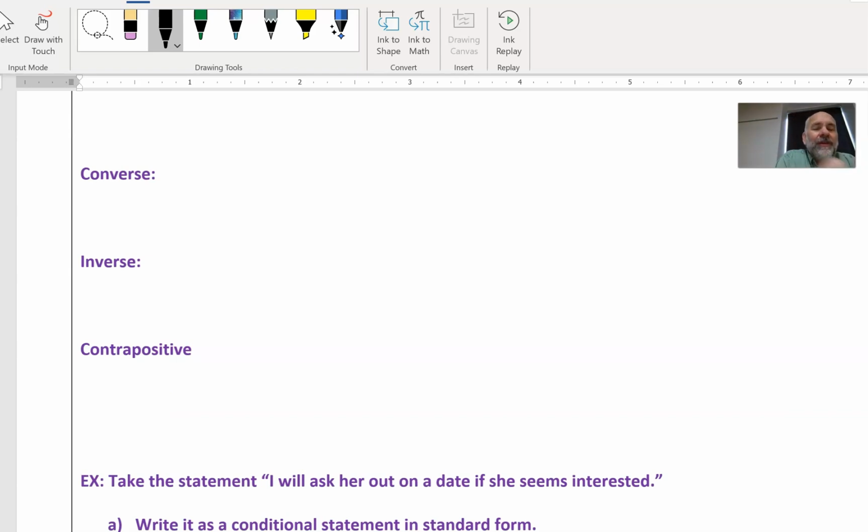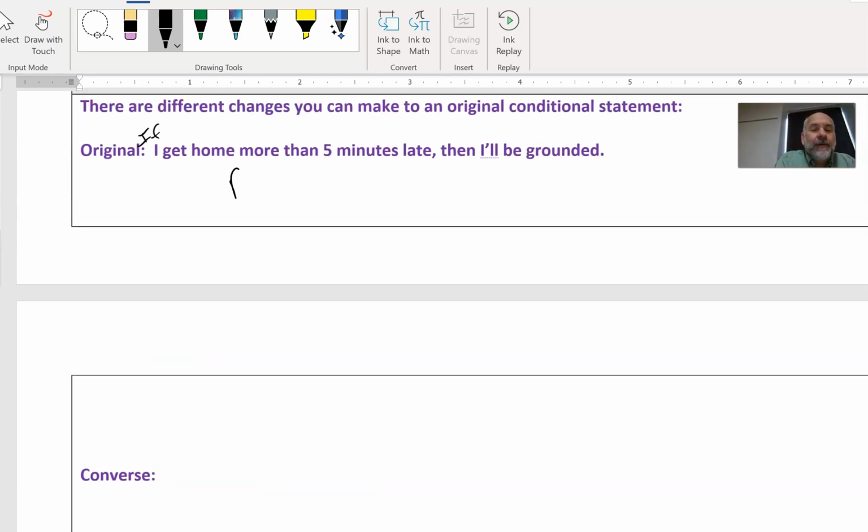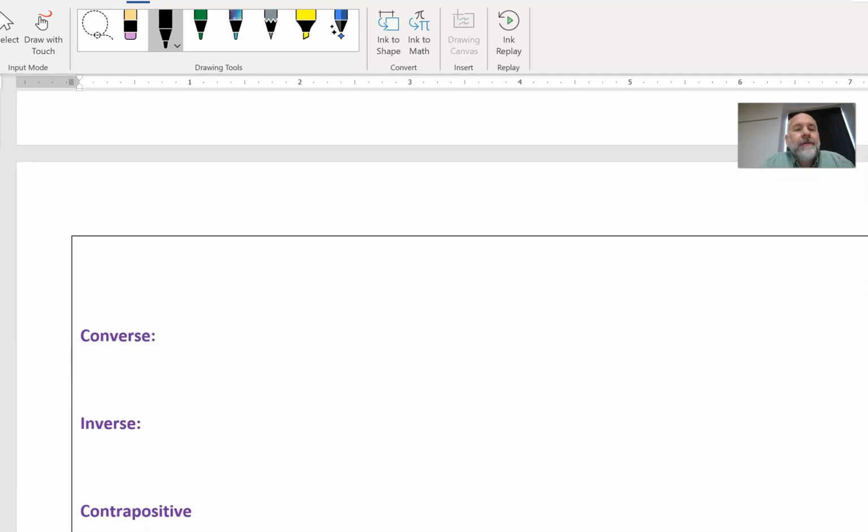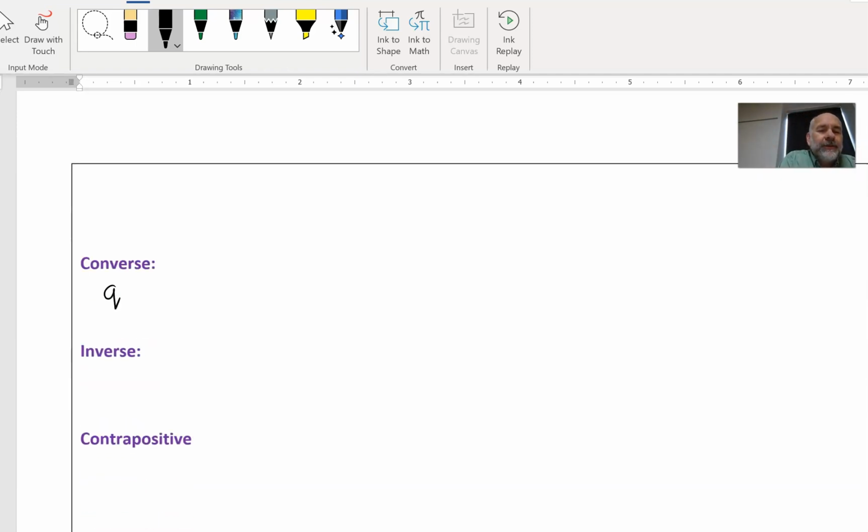What the converse is, so if we call this one, I'm going to shorthand it right now, P, then Q. If P, then Q, right? That's the symbolic form. So P is if I get home more than 5 minutes late, and Q is I'll be grounded. The converse is, if Q, then P. The inverse is, if not P, then not Q. I don't need the if when I'm writing it symbolically.